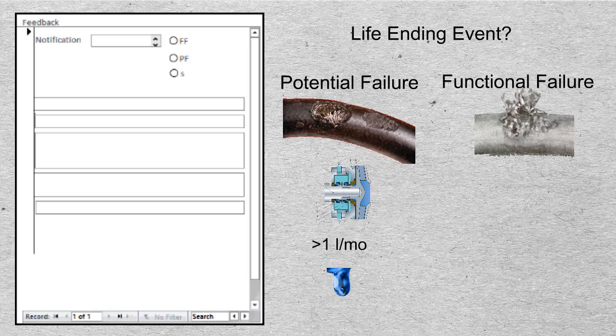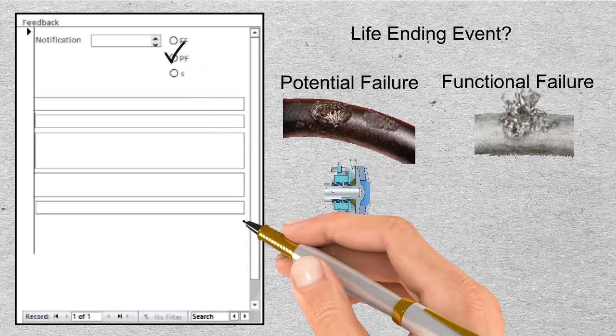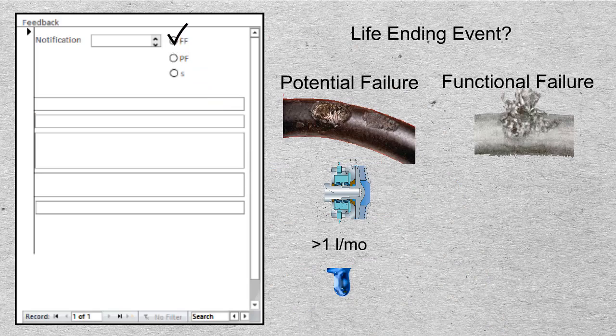But should we record it as a potential failure or a functional failure? The function might be backed up, and consistent with the equipment's strategy, the consequences of the protected function's failure may have been minimal. We might, in such a case, record the event as a potential failure, so as to indicate that our maintenance strategy has avoided the direst consequences of the failure.